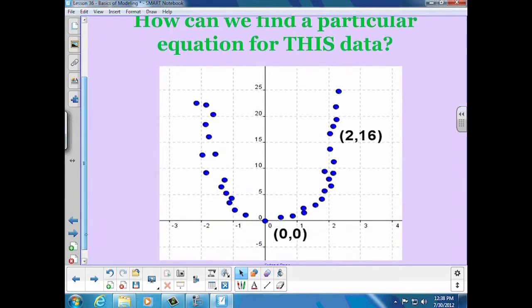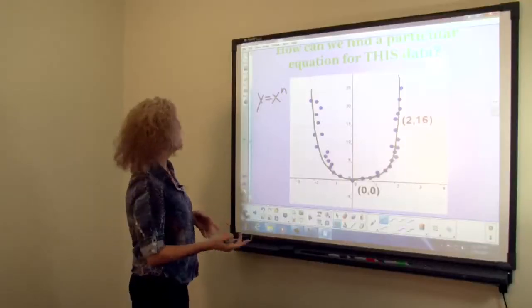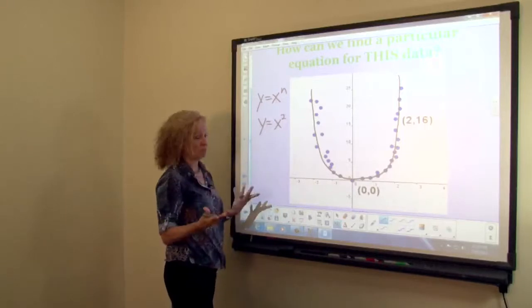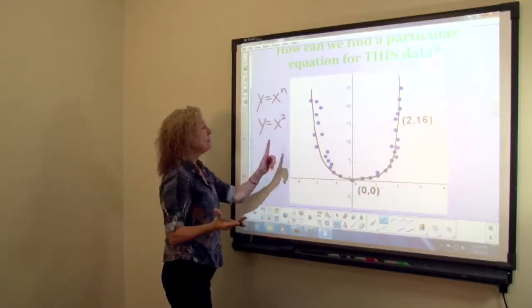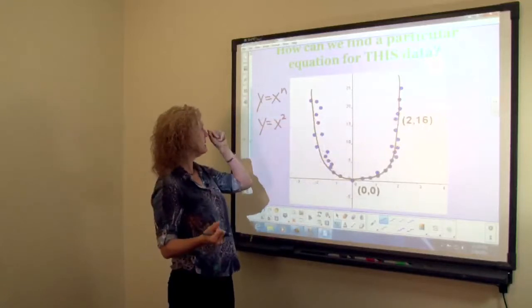Last guy here kind of looks like a big U, doesn't he? If you see this outside behavior, you think, oh, well, that's one of those power functions, and n needs to be even. Your first thought might be, how about x squared? That makes the U shape, but if I put in a 2, 2 squared is not 16.